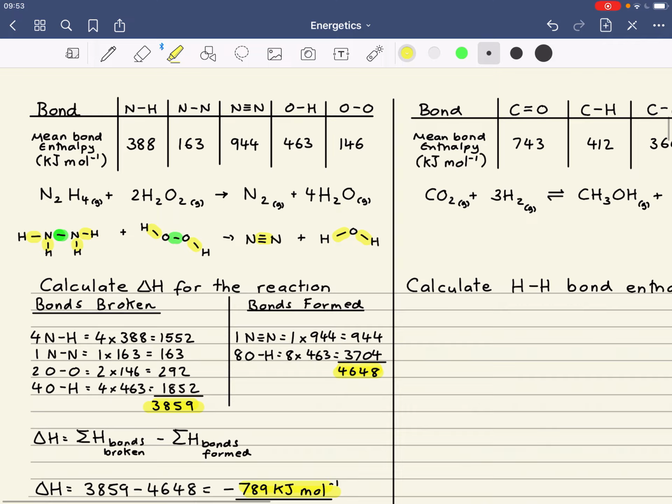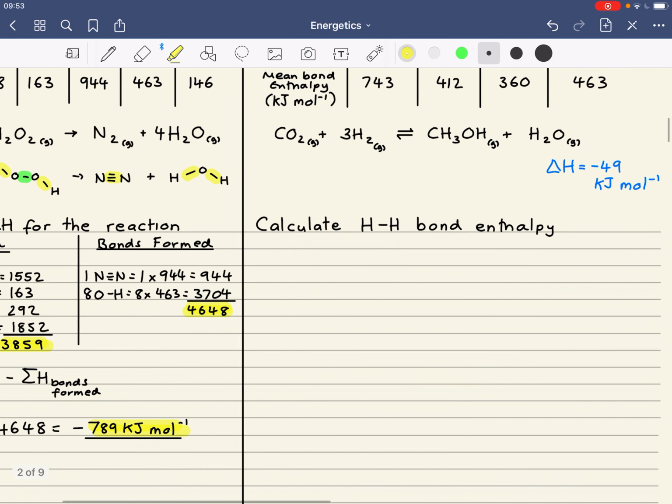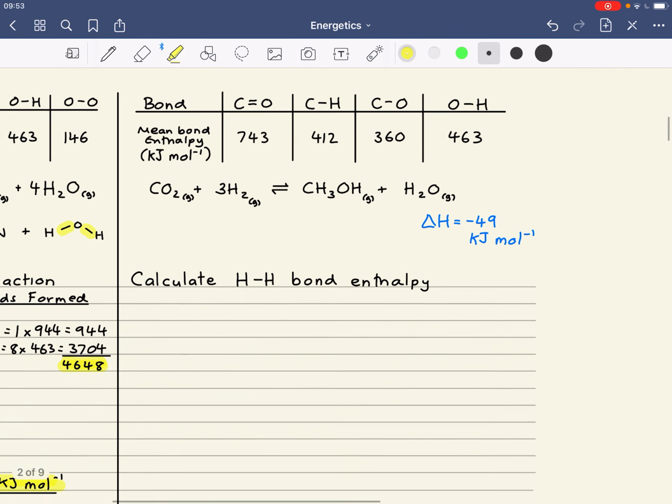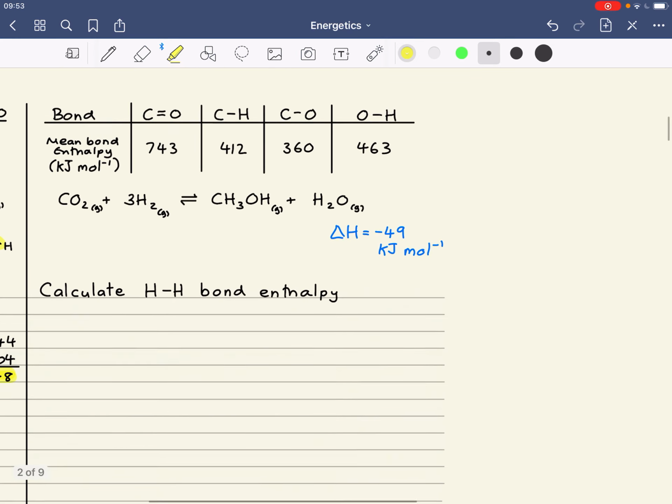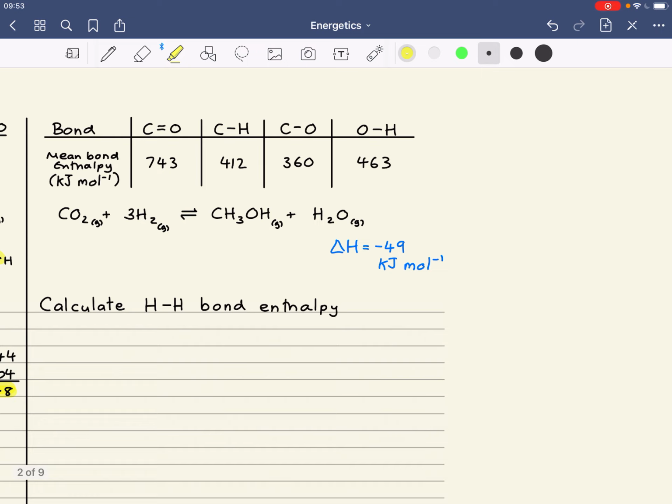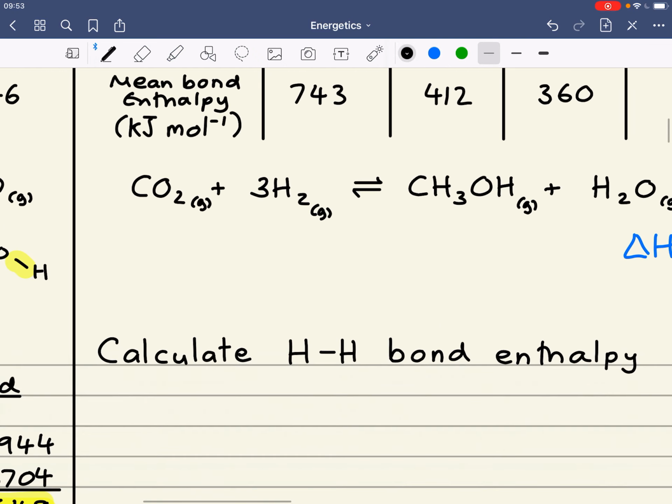I'm going to move on to another question now, and this time I had to calculate a bond enthalpy, and I'm given the actual enthalpy change for the reaction. In this particular reaction, again, you have to be aware that carbon dioxide is a carbon-oxygen double bond.